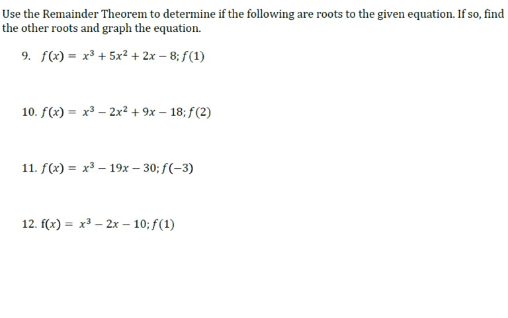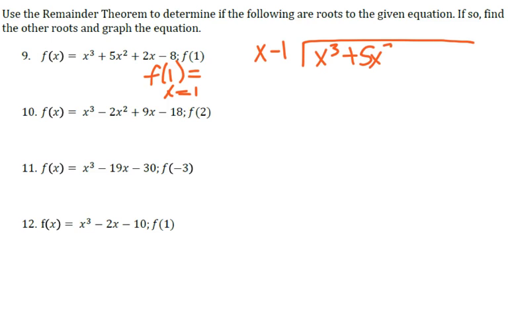So with 9, we have f of 1, so that means that x equals 1. So it would be x minus 1 would be kind of the factor we're checking, kind of like we did with long division. Kind of work backwards. And we're going to see if we have a remainder of 0 or some other number. If it's 0, it's a root.